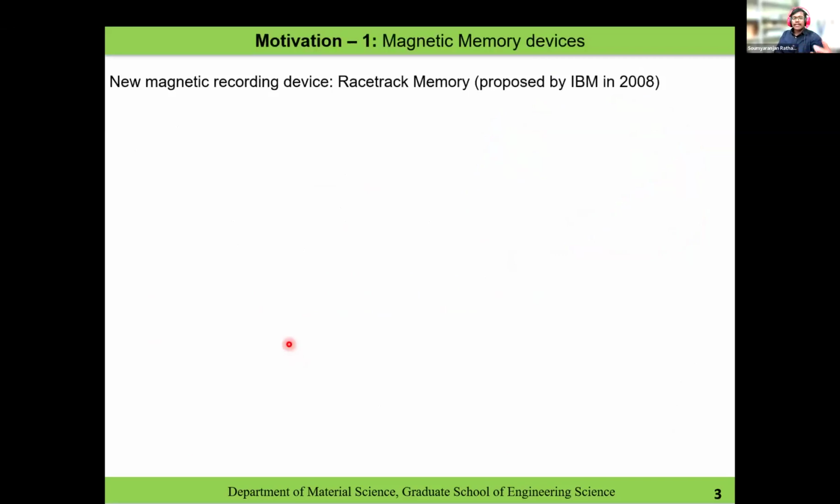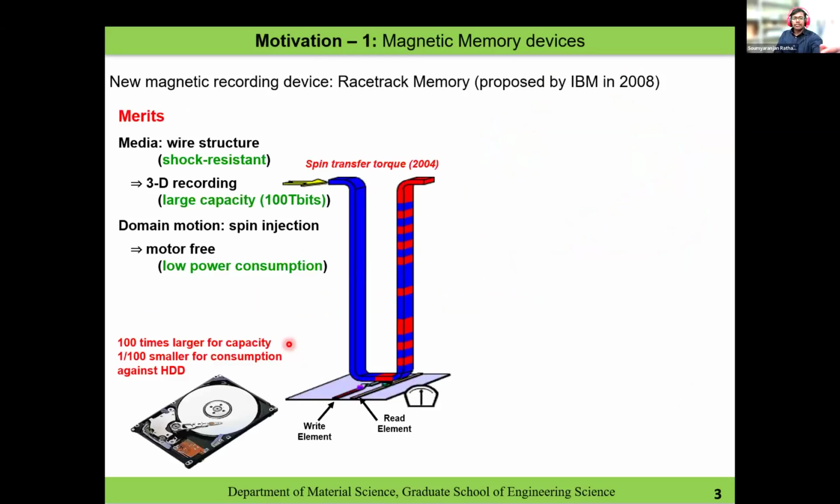So how exactly can we use these devices? Like we know, the latest magnetic device is the racetrack memory. In the racetrack memory, we can store data with 100 terabytes capacity, and that is a much higher capacity than a hard disk drive. But there is a problem.